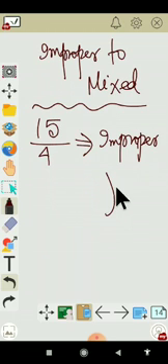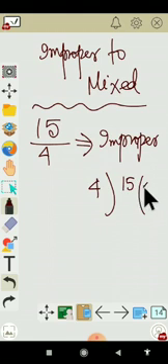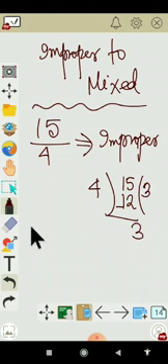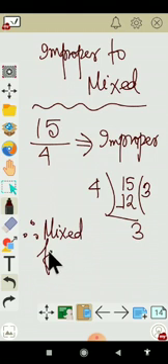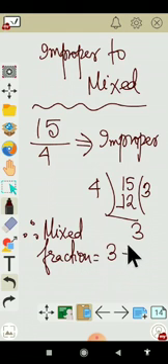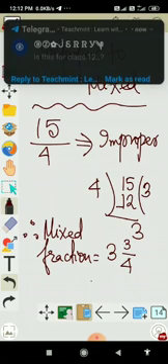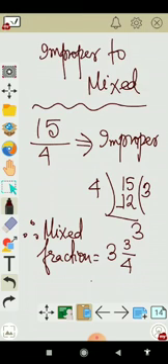Now, if you want to convert it into a mixed fraction, the mixed fraction is equal to 3 and 3 by 4. So this will be the whole number 3 and 3 by 4. This is the way of representing the mixed fraction.